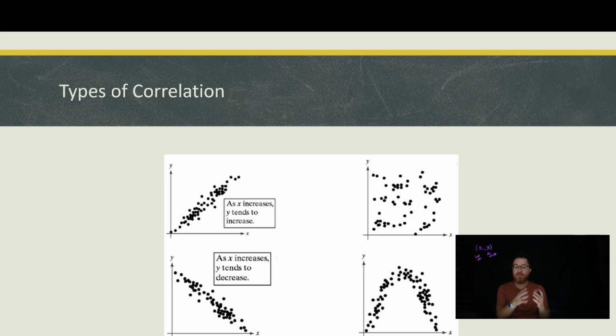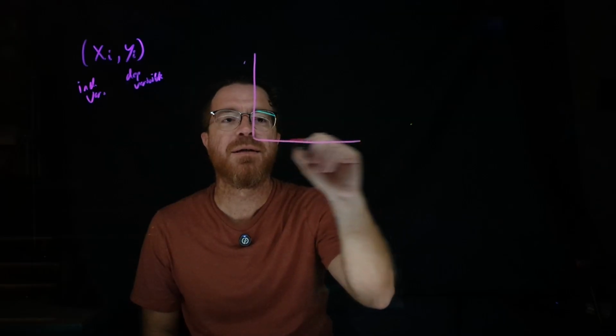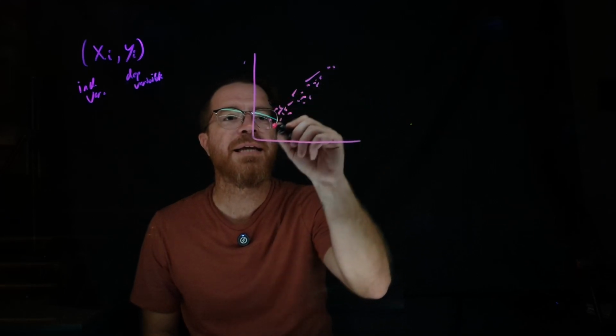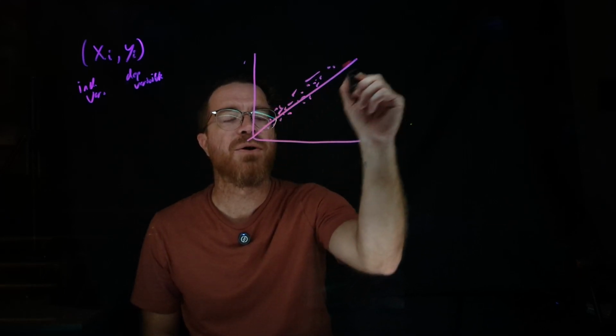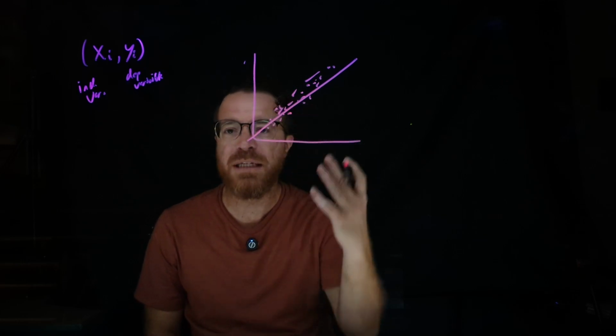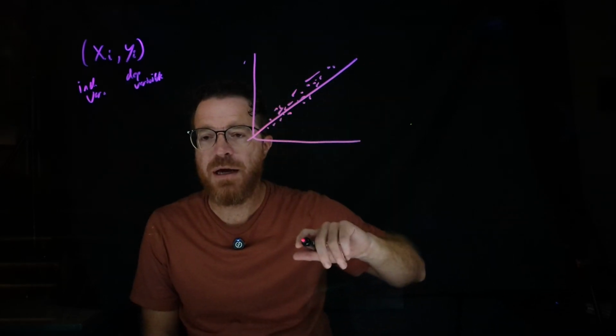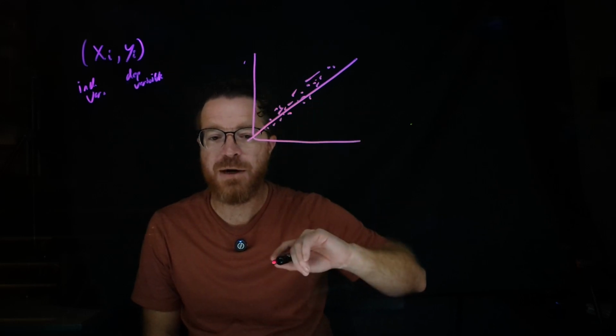You could put a line that cuts through it, and it will describe it pretty well. This is called a best fit line, our linear regression, that describes the dots on our scatter plot.